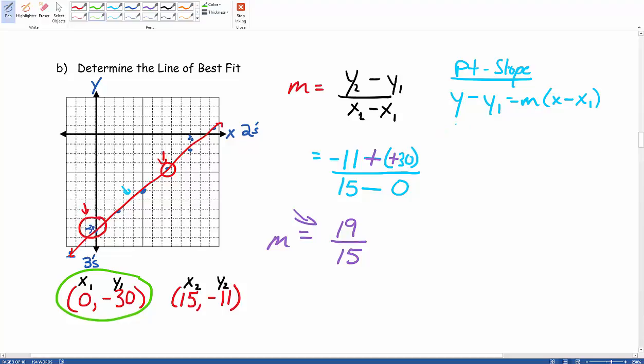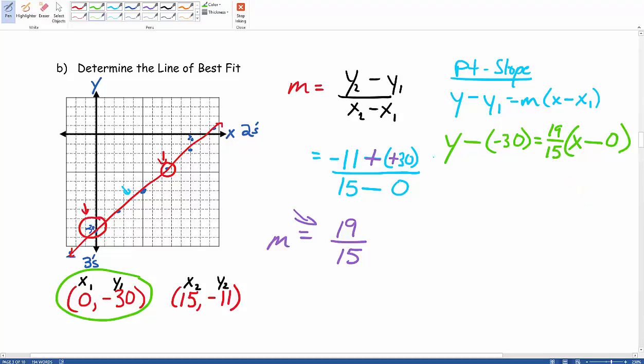So we end up then with this first y, it's just going to stay y, just like we described previously, minus our y1, here it is, negative 30, equals our m, here it is, 19 over 15, times our x, our arbitrary x that stays that way, minus our x1, here it comes, being 0.